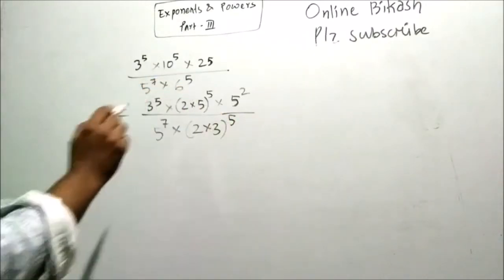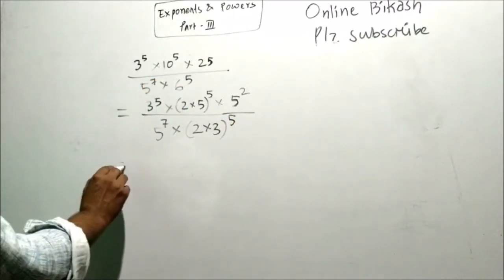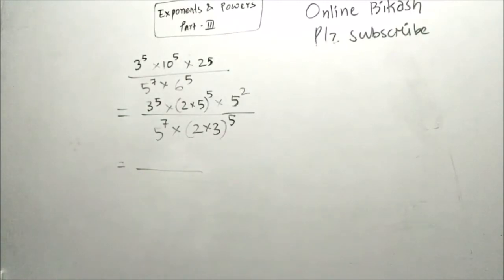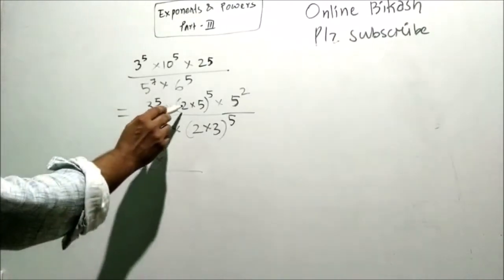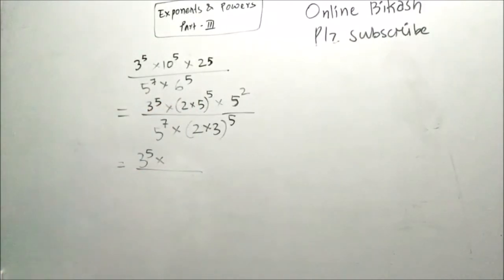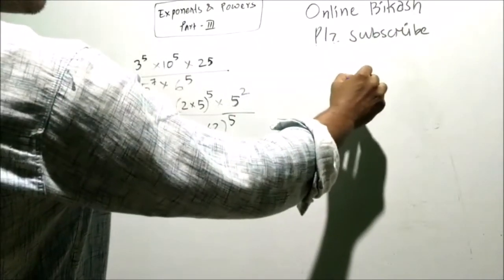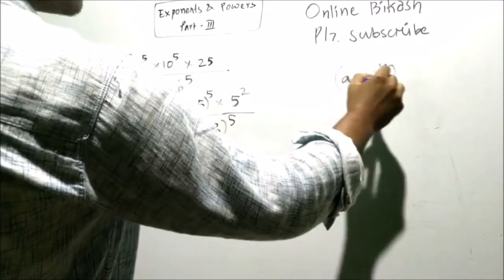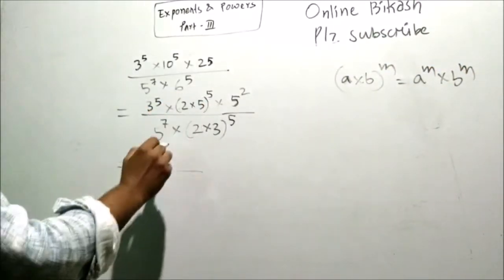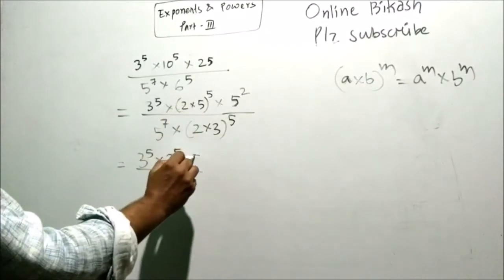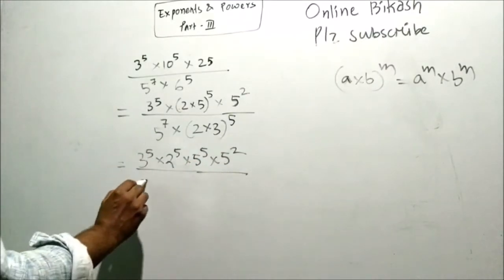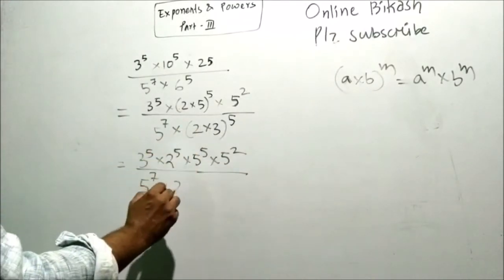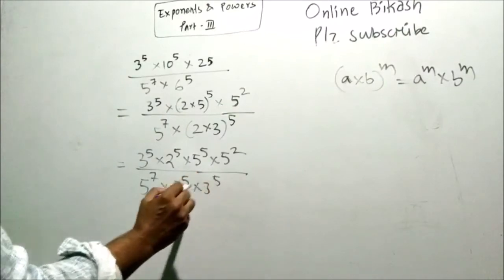Now, A into B whole to the power n. In the law we have learned, A into B whole to the power m is equal to A to the power m into B to the power m. So we will use that. So 2 to the power 5 into 5 to the power 5 into 5 squared over 5 to the power 7 into 2 to the power 5 into 3 to the power 5.